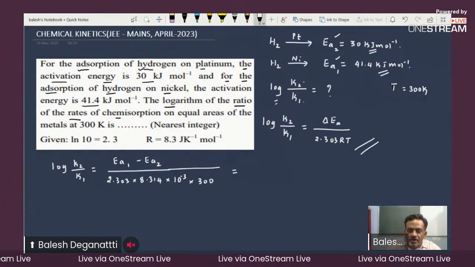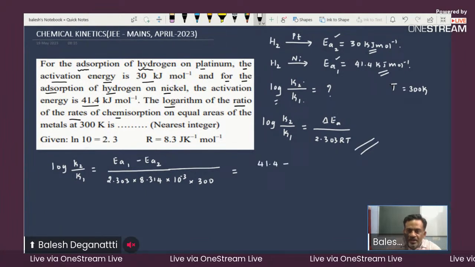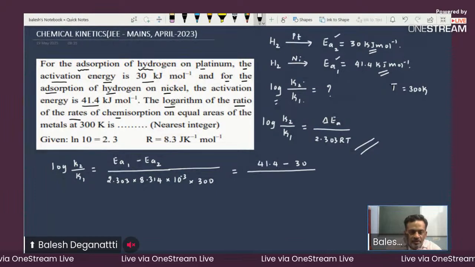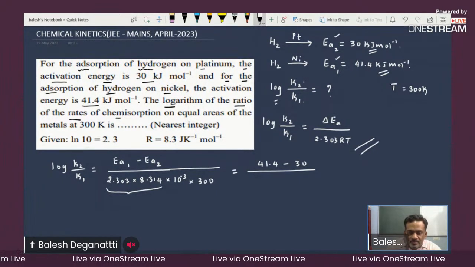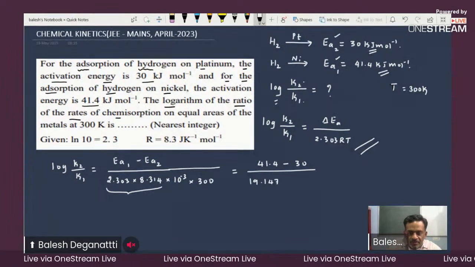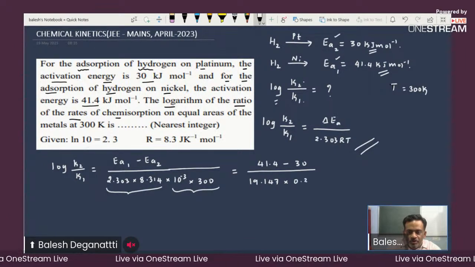Now what is in the numerator? EA1 is 41.4, EA2 is 30, divided by 2.303 into 8.314. You have come across this value many times. You should know this value as 19.147 into 10 raised to minus 3, into 300, which is nothing but 5.7.